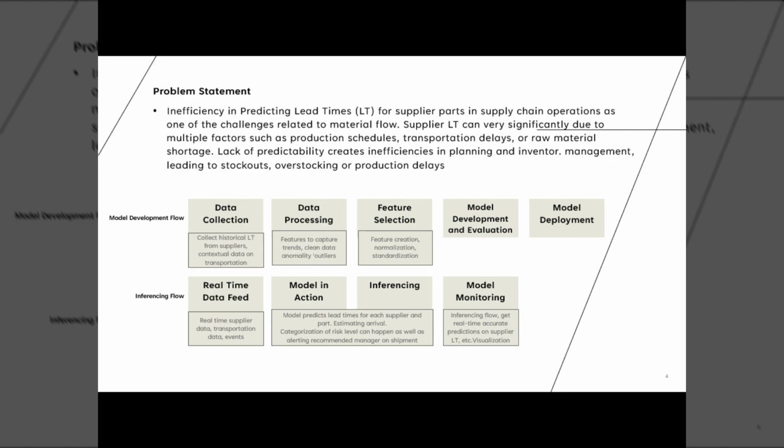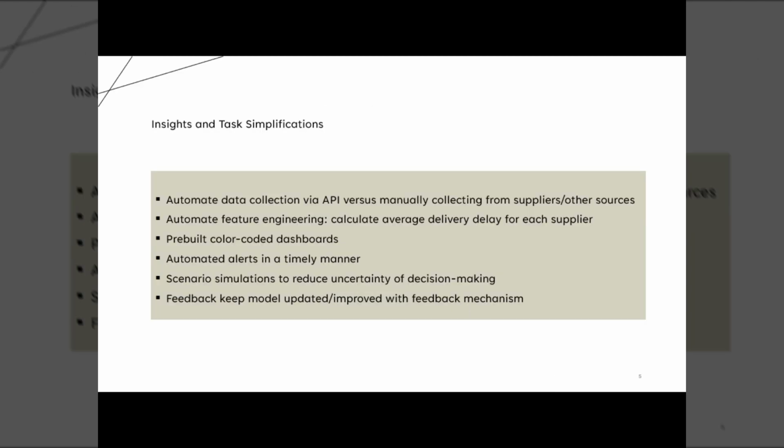All in all, this is more or less what I've been looking at as a problem statement and also in the two flows below. But then an important portion on insights and task simplification is something that I want to quickly address on this slide over here. I have a bunch of bullet points and I don't want to go over every single one of them, but I will start by addressing what my thoughts were around it.